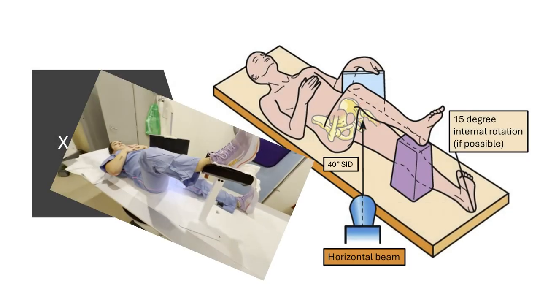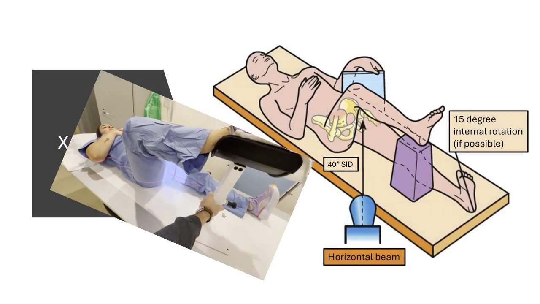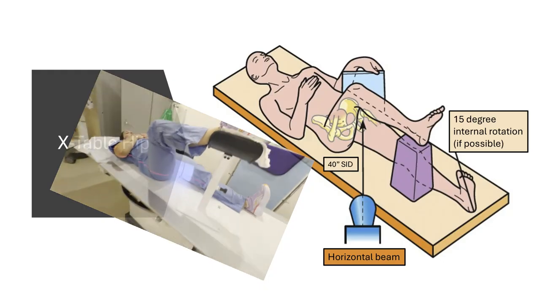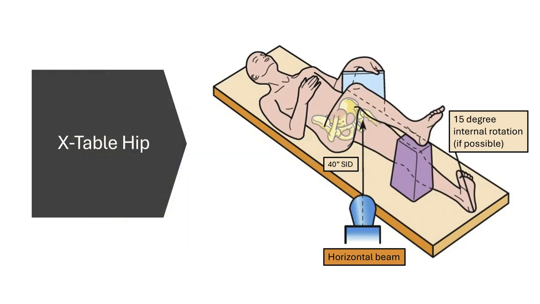And it also gets the soft tissue from the opposite leg out of the way a little bit better. So as long as you're not rolling them up onto that hip, if you do it like a normal frog where they're completely supine like this, that's important, okay? And you're gonna get a really good image without soft tissue getting in the way.